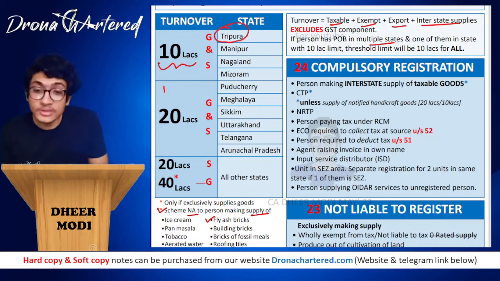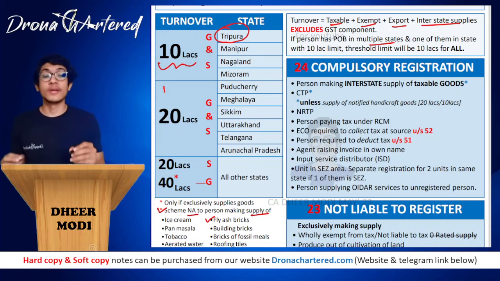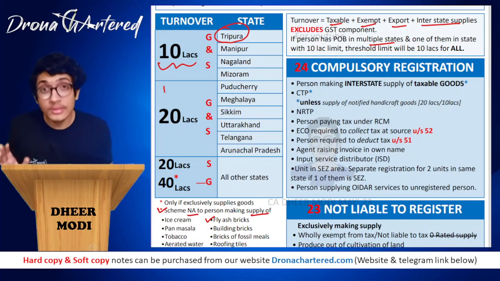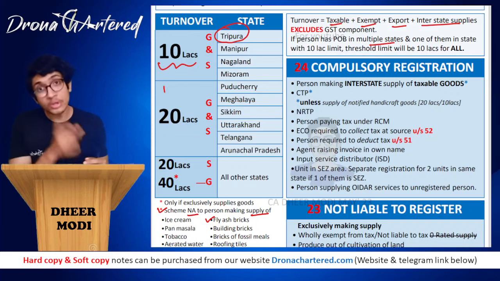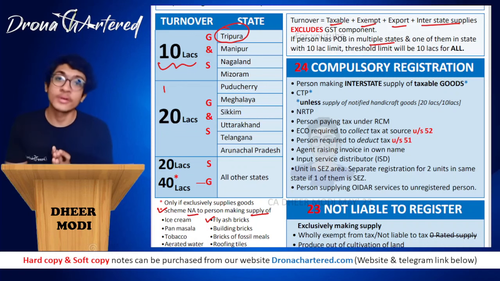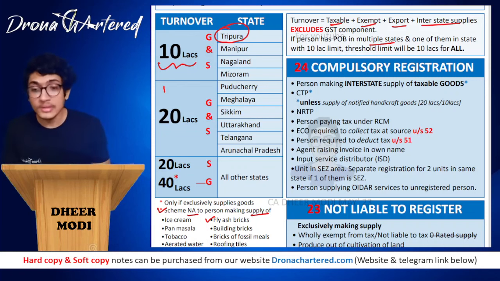Now, since Tripura comes under the 10 lakh limit, the threshold will be 10 lakh for all. Since the other states do not come under this threshold, but since you have one place of business in Tripura, because of Tripura, all your other states will also come under this limit of 10 lakhs. Okay, I hope this is clear.